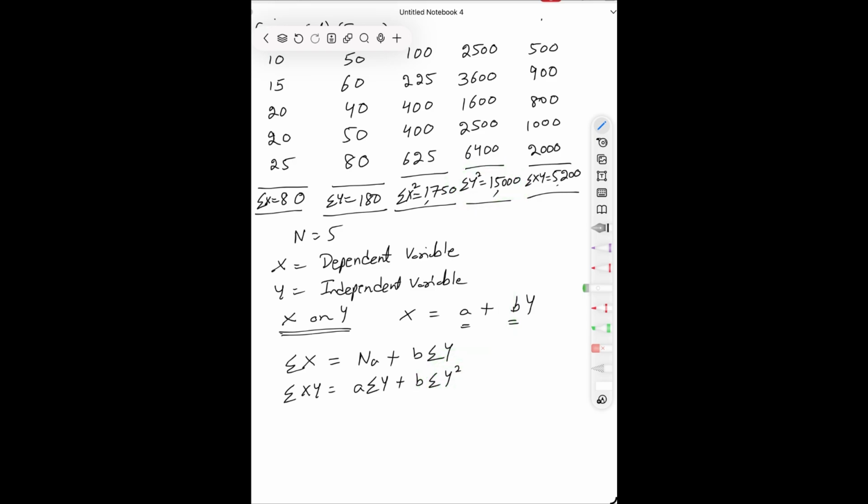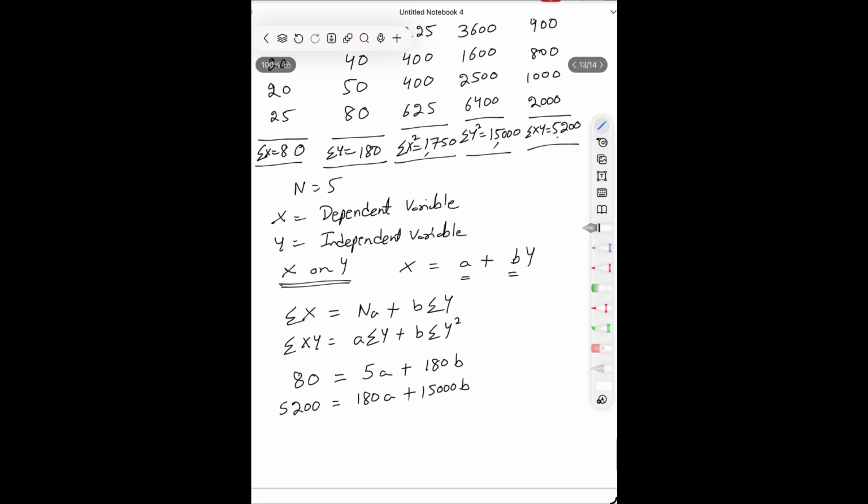Putting these figures in the equation, 80 is equal to 5a, n was 5, plus b sigma y, and sigma y was 180. So this will be my first equation. The second equation is sigma xy, which is 5200, is equal to 180a plus b sigma y square, and my y square is 15,000.